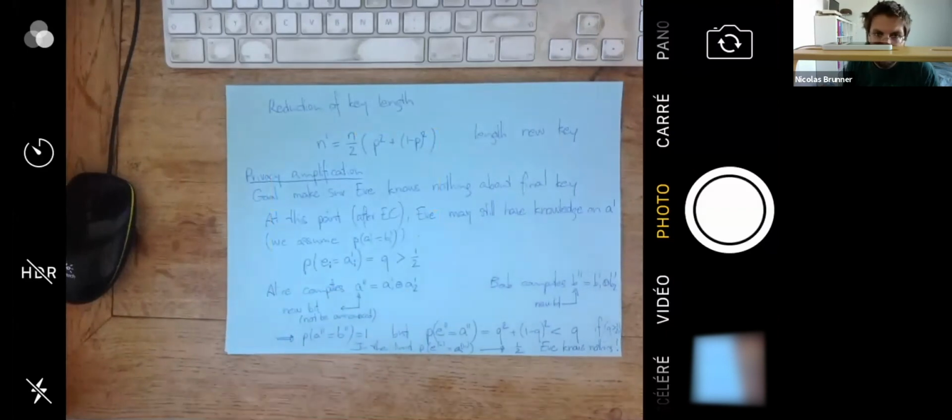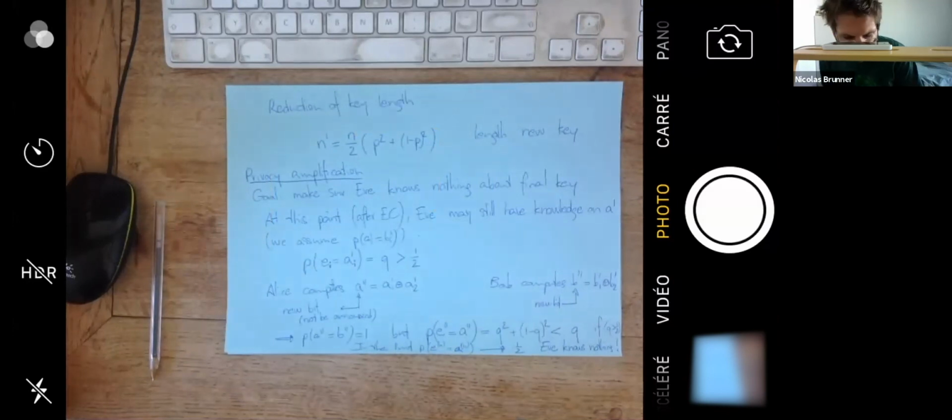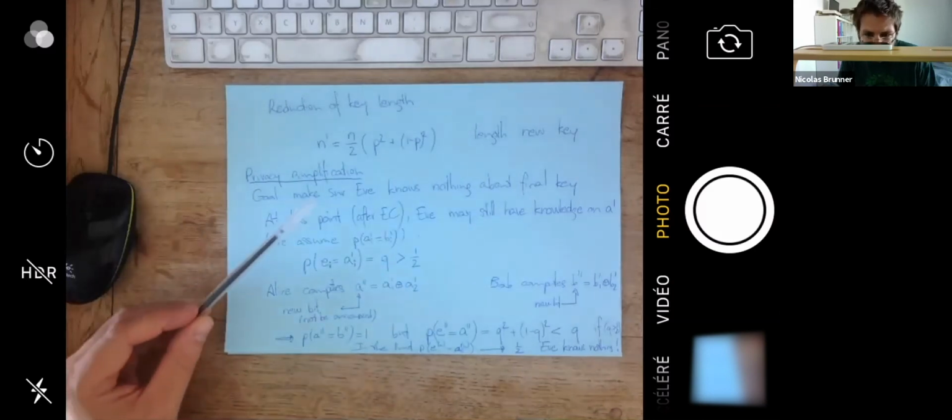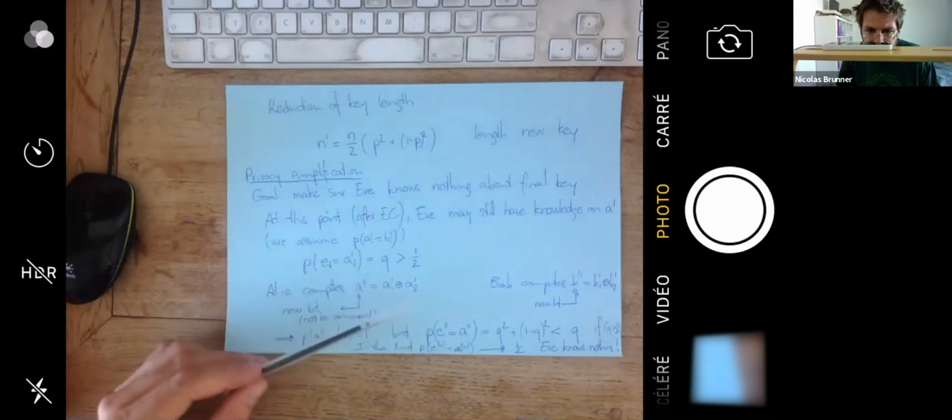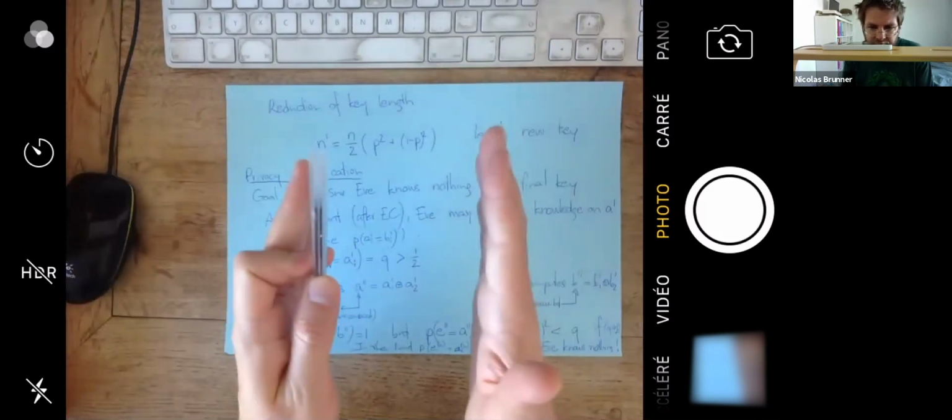I hope it's readable, and I hope it's understandable as well. I went relatively quickly through this, but these are just simple classical manipulations, but at least they give you the gist of the idea on how it works. I should also say that these are really the simplest protocols for error correction and privacy amplification. In particular, you see they are quite costly in terms of the factor of reduction of the key.